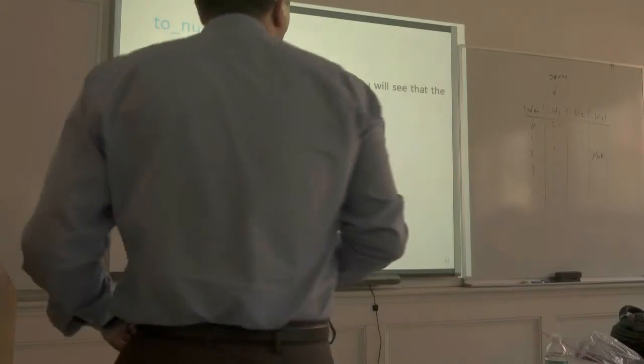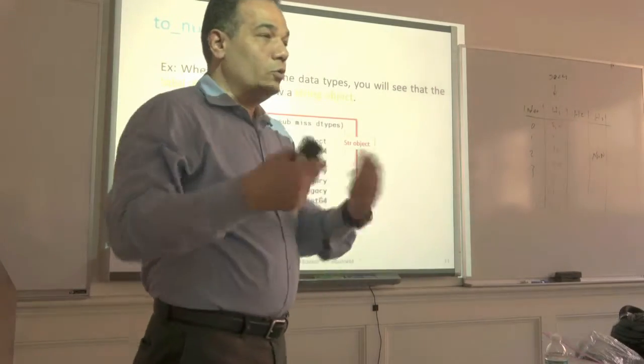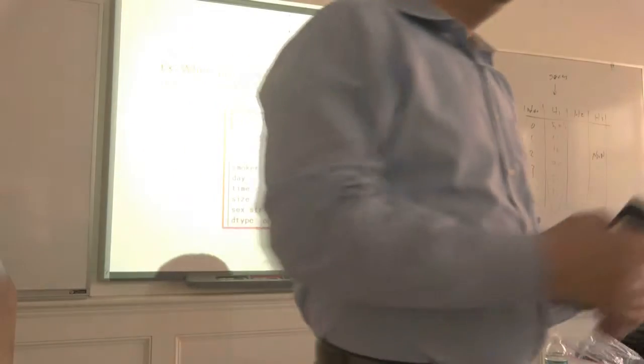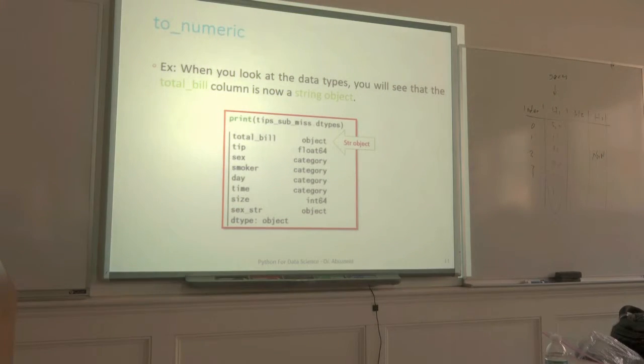I want to go back to what I said last time. Why are we learning all of this? Because we're going to deal with data science, machine learning, deep learning. You're going to have something called data sets, which are text files. Before you do any operations, you have to load them into your memory as a data frame.